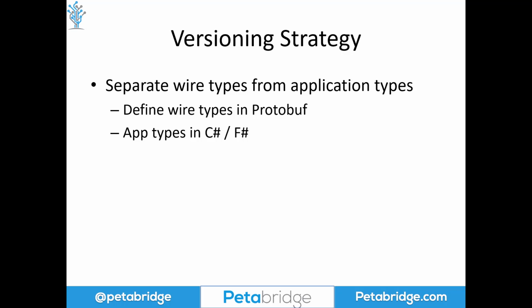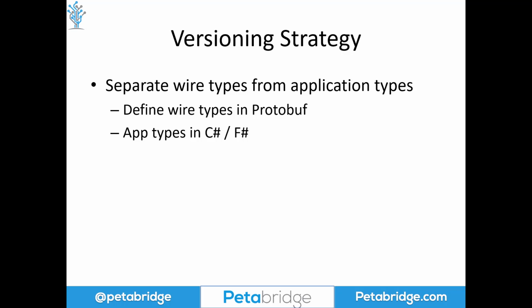Now, in theory, you could have your wire types also be your application types, where you're using the protobuf message format directly in your application. I've seen customers do that successfully before at scale in Akka.NET and really high throughput event-driven systems. You can do that, but it's a little cantankerous because, as I mentioned earlier, protobuf really limits you to a degree on being able to take advantage of some of the object-oriented programming constructs that are built into C# and F#.